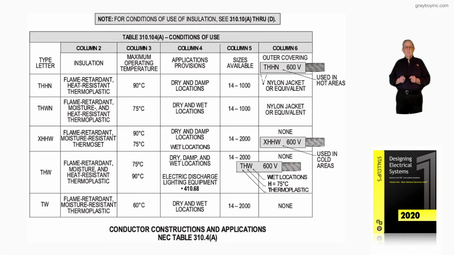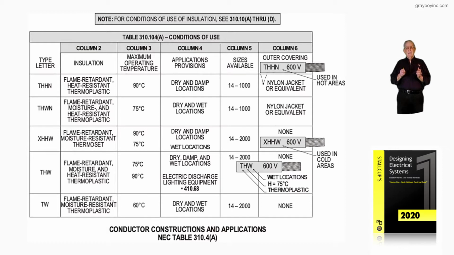Now, this illustration deals with conductor constructions and applications. When an individual wants to know the characteristics of the insulation of a conductor, they naturally would reference Table 310.4A.